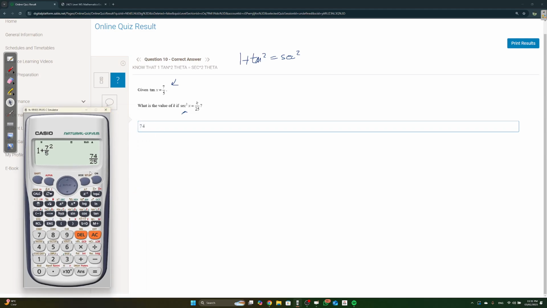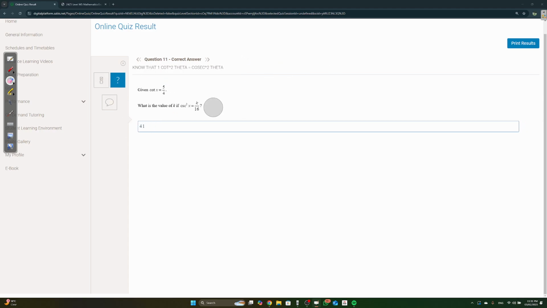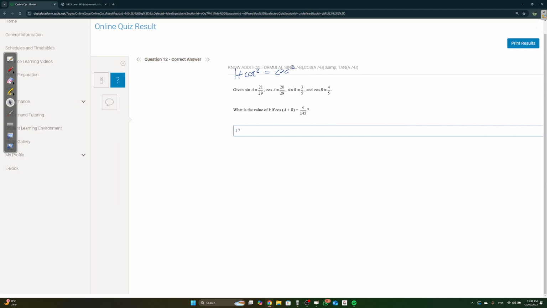So k is 74. Cotangent x is 5 over 4. What is cosecant squared? Remember, 1 plus cotangent squared x is equal to cosecant squared. So 1 plus 5 over 4 squared, 41 over 16. So k is 41.